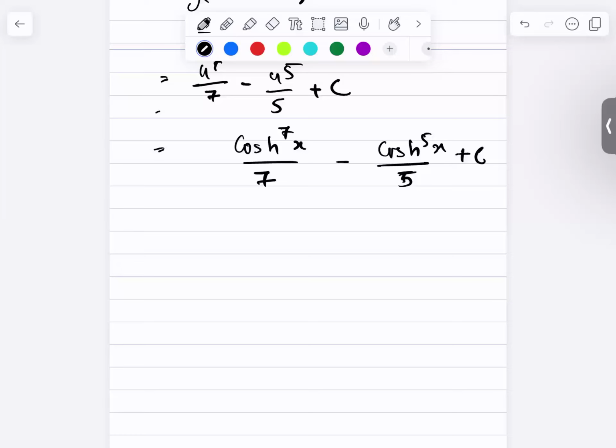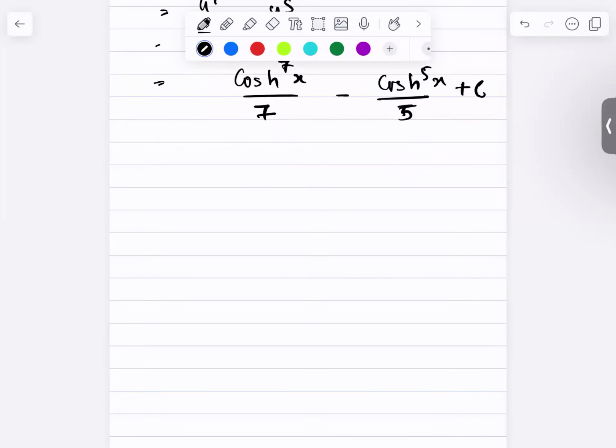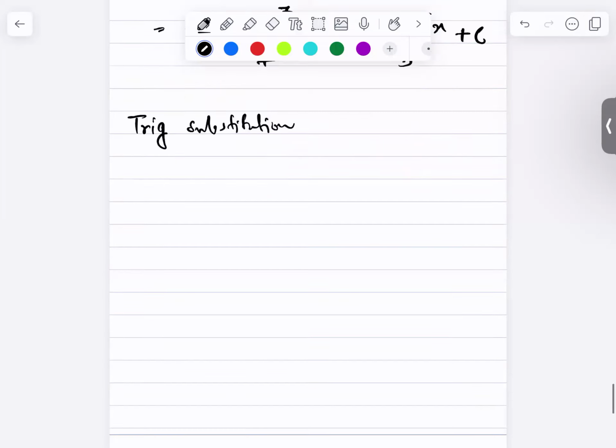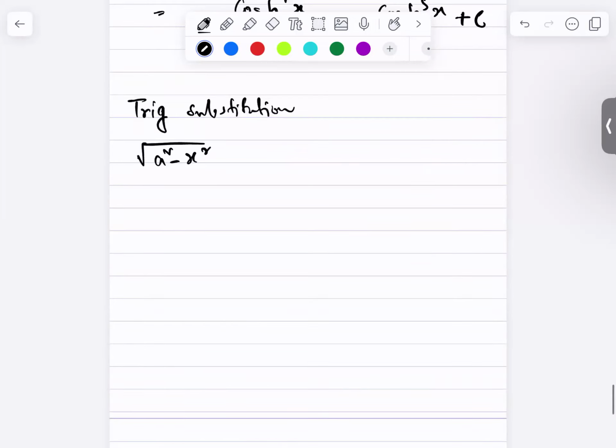Okay. So we know how to do trig substitution when we have this sort of integrations, right? If we have this sort of terms in the integration, we know how to deal with those. Basically, we take x to be a sine theta in this case and use the identity 1 minus sine squared theta is cosine squared theta.